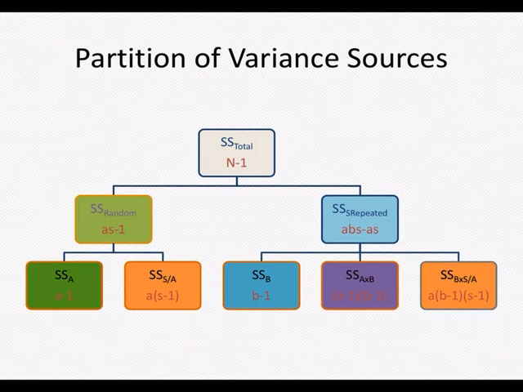And for the repeated measure part, it's also the level of the repeated measure IV. So if it's measured over 4 times, it'll be 4 minus 1, so we'll have degrees of freedom of 3 here. And then for the error term, it's A times B minus 1 times S minus 1.